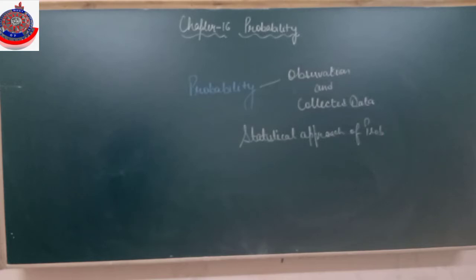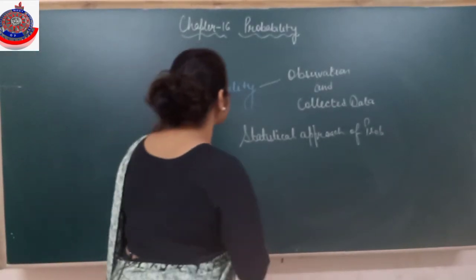It is a new approach to probability because, as I told you, it may happen that events have different chances of occurrence. We will be studying the axiomatic approach of probability.